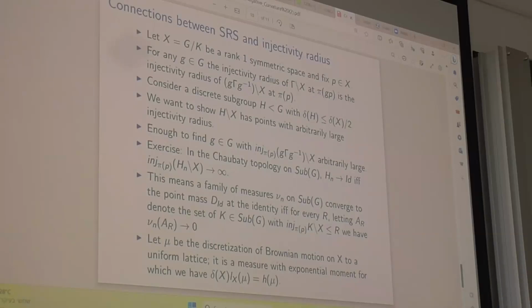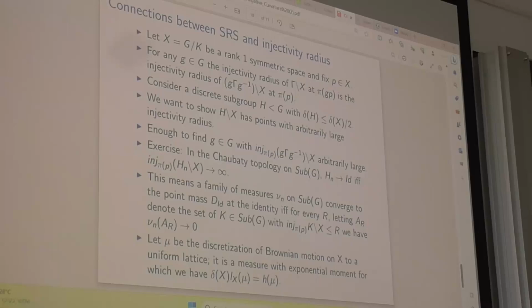A sequence of measures on Sub G converges to the Dirac measure on the trivial subgroup, the probability measure that gives full weight to the identity subgroup and nothing to everything else, if and only if, for each R, the set A_R of subgroups with injectivity radius at the base point at most R has measure mu_n of A_R converging to 0.